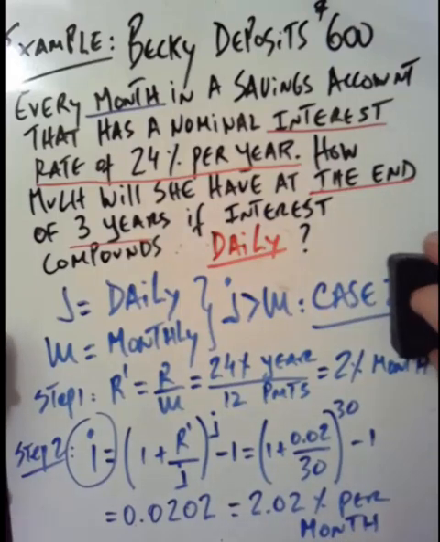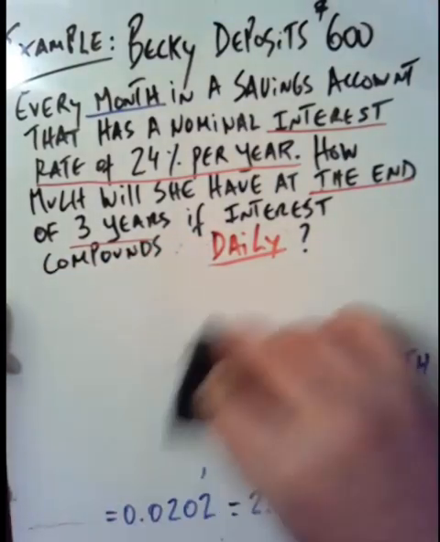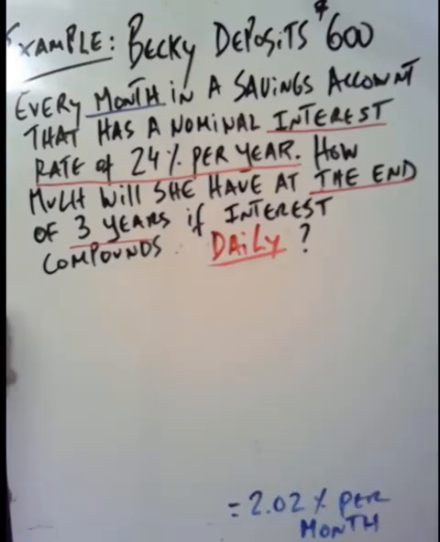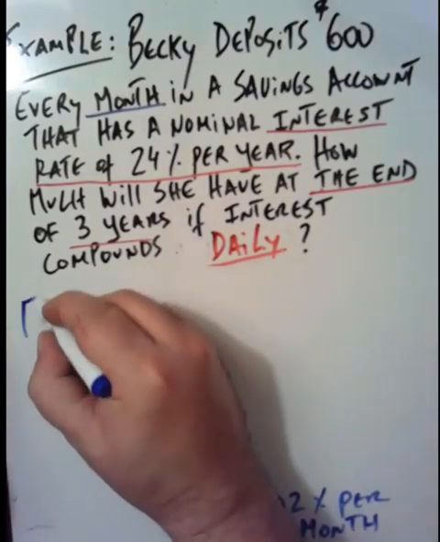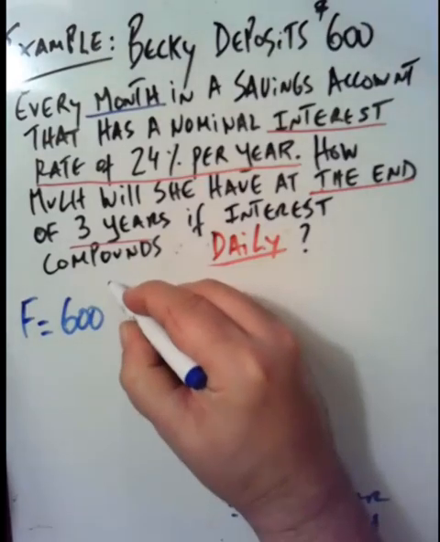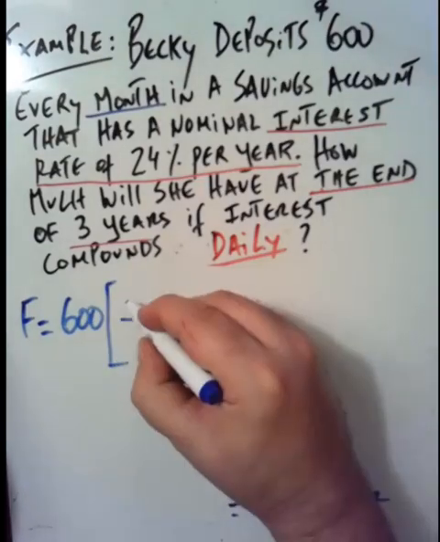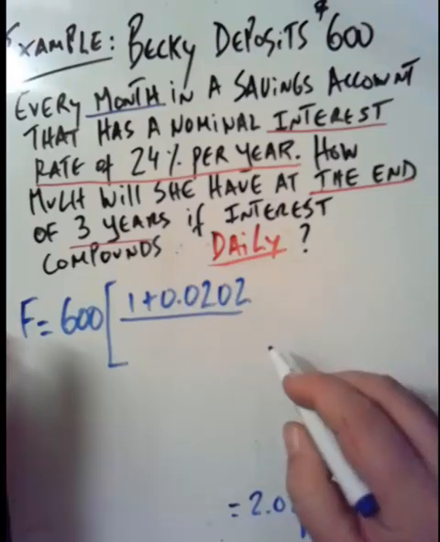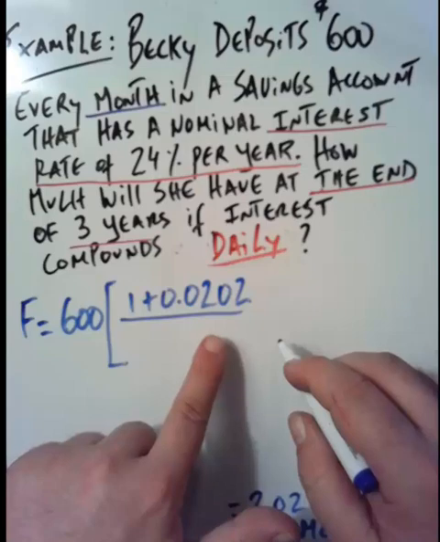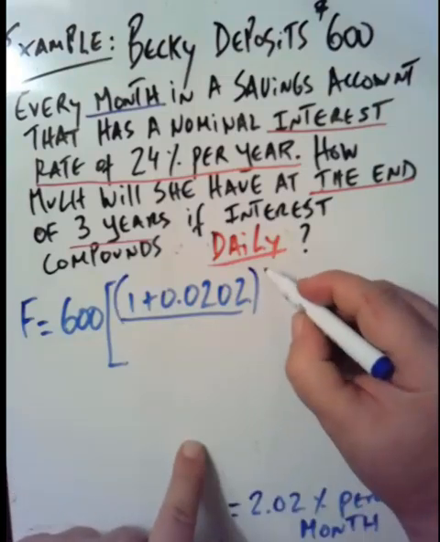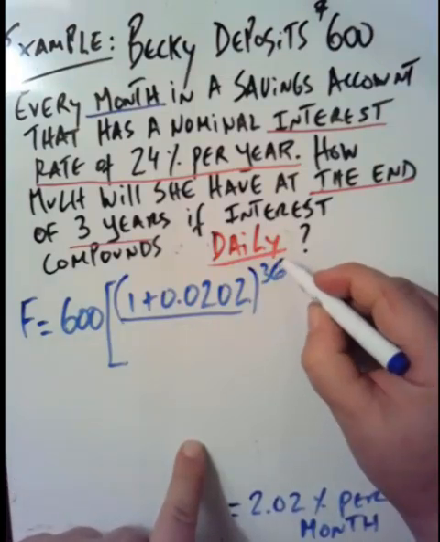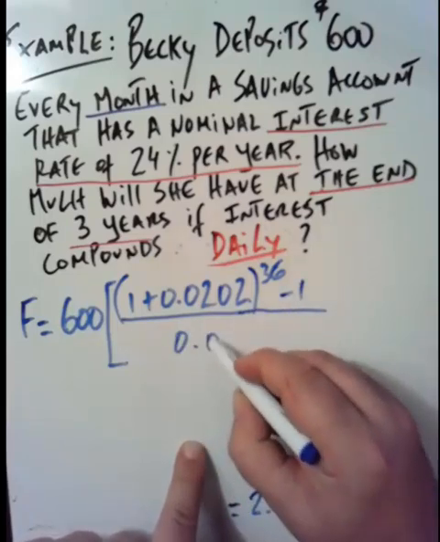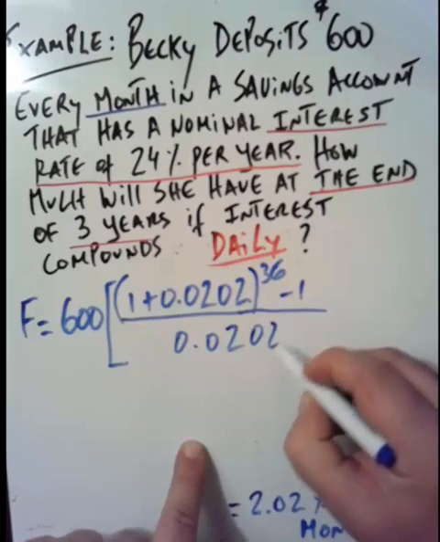So we're going to compute the future value of an annuity, just as before. 600, that was the annuity, 1 plus the interest rate, which now is 2.02%, therefore 0.0202, to the power of 36 months, because it's a 3-year long investment, minus 1 divided by the interest rate of 0.02.